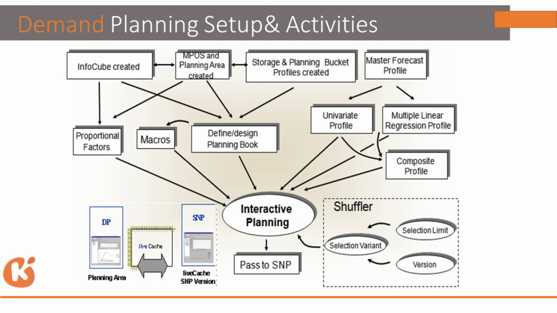I will show this PPT and say, okay, tomorrow I will start creating a storage bucket profile. Then I will explain what the storage bucket profile is, why we use it in demand planning, and where we can create it in the APO system. At that time we will see everything in detail.